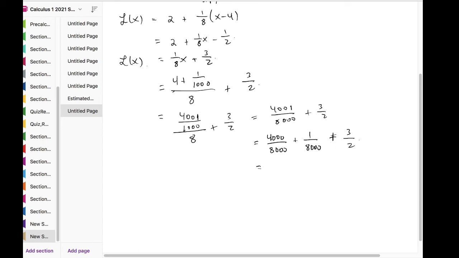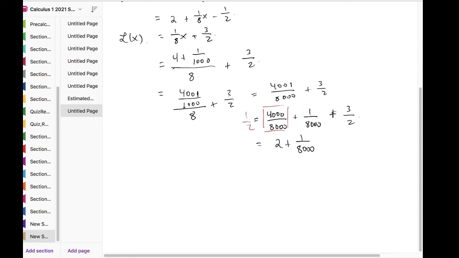So it's 2 plus 1 over 8,000. This is 1/2, and plus 3/2 makes 2. Okay, so someone plug in 2 plus 1 over 8,000, and someone plug in 4.001. So that one is 2.000125. Cool. And then what's this one?